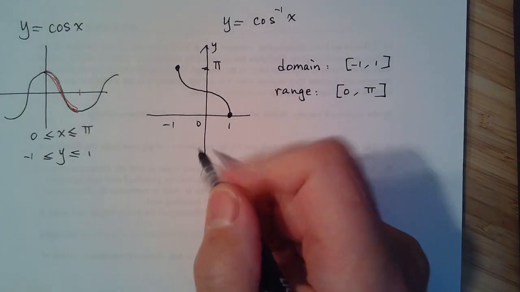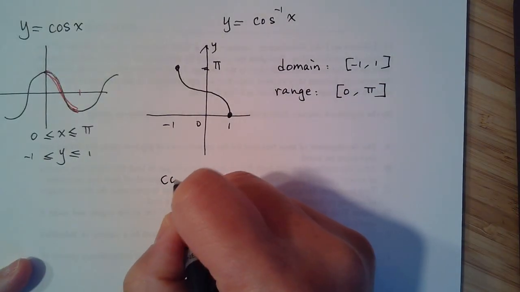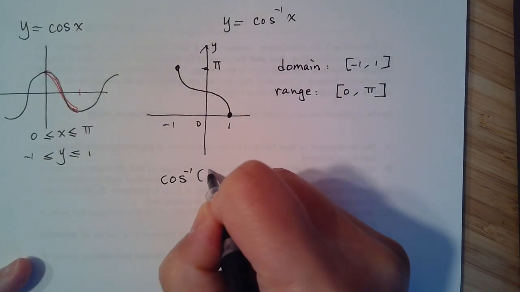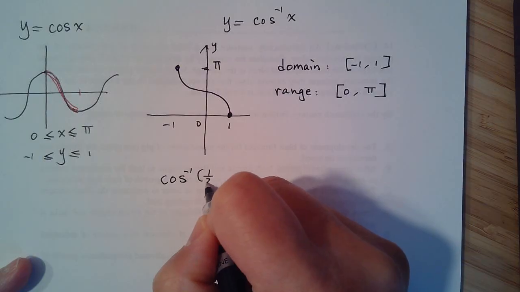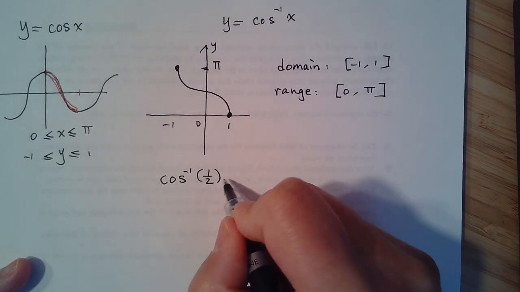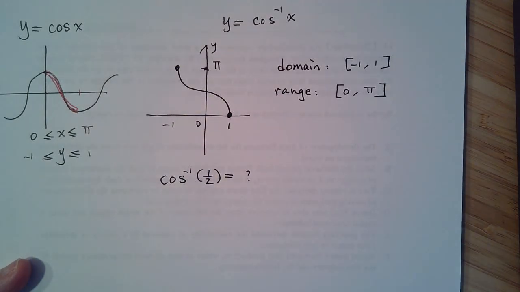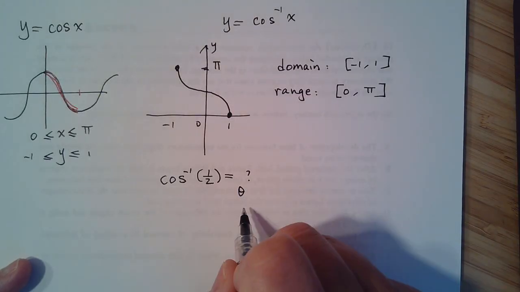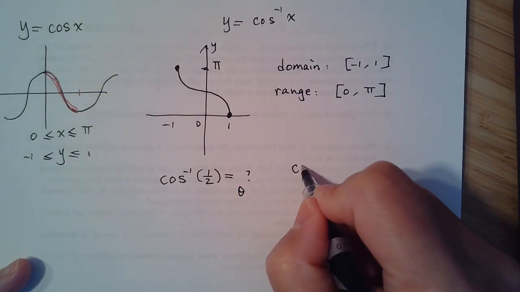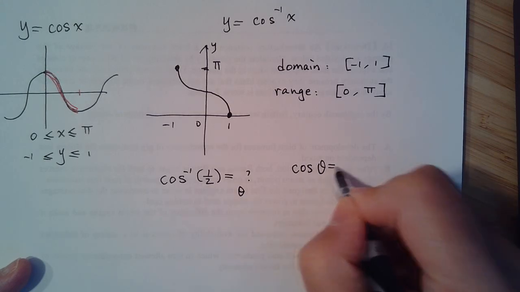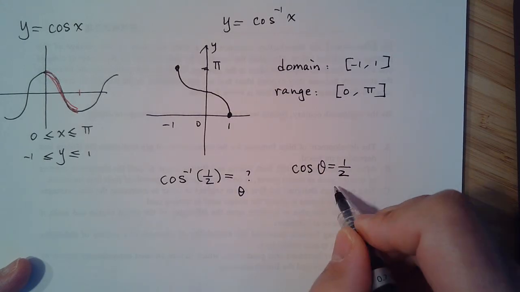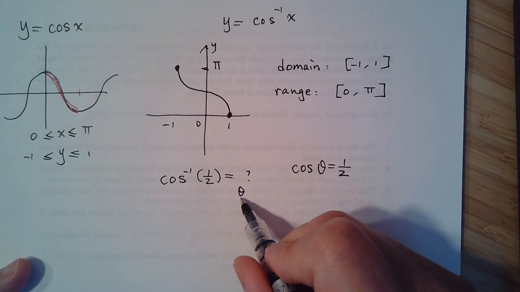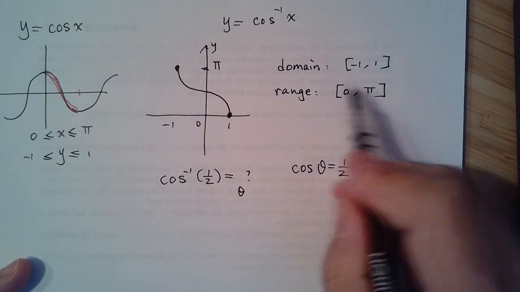So quick question. What is cosine inverse of 1/2? You can assume this is a theta because after you take a cosine inverse, you should get an angle, right? So cosine theta is 1/2, which means this theta has to be in this range from 0 to pi.